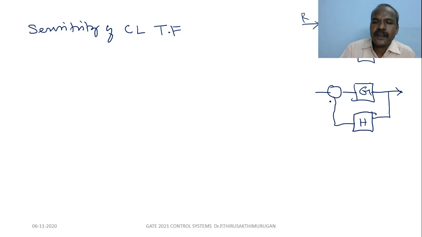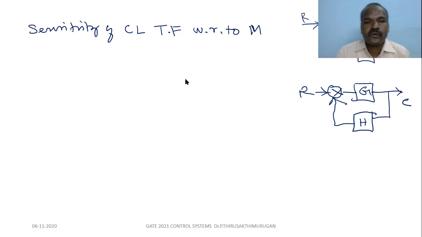So there are two parameter variations in the closed loop system. What is the sensitivity of the closed loop transfer function with respect to the overall transfer function M?